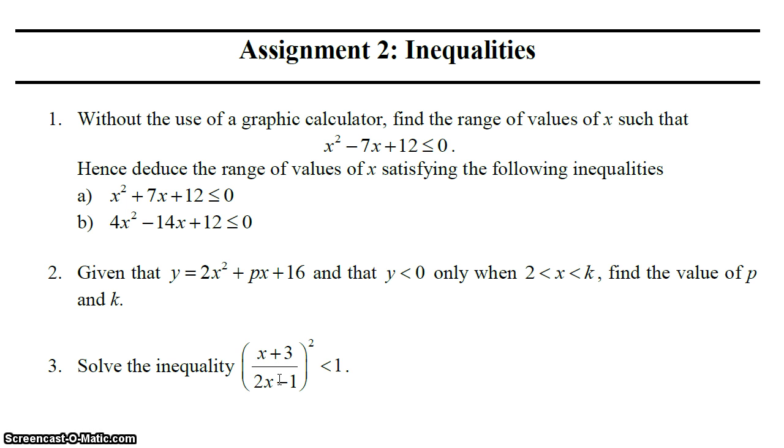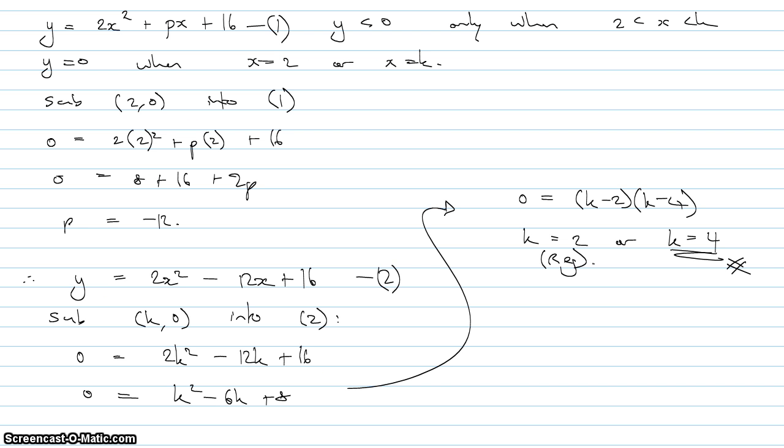The last part wants us to solve this inequality. x plus 3 over 2x take 1, whole thing squared, is less than 1. So let's do it. Is it x plus 3? Yes.